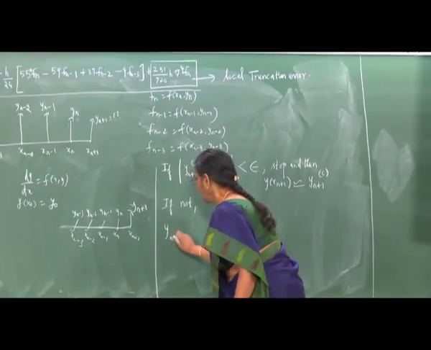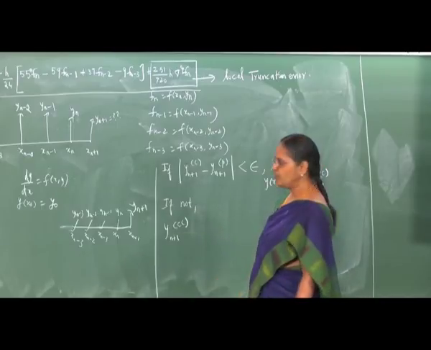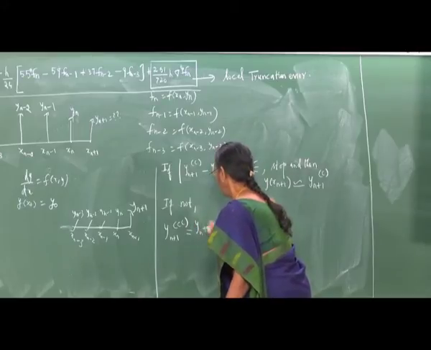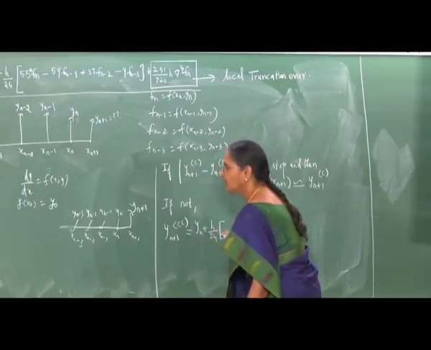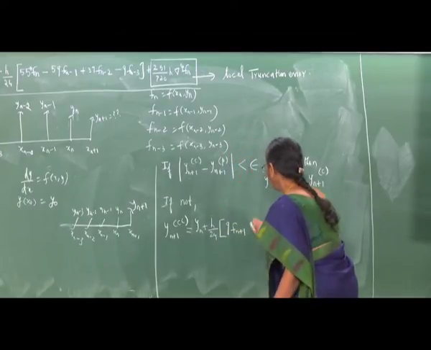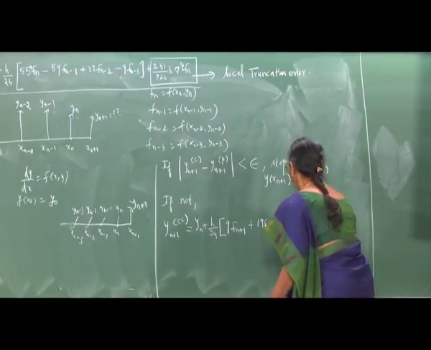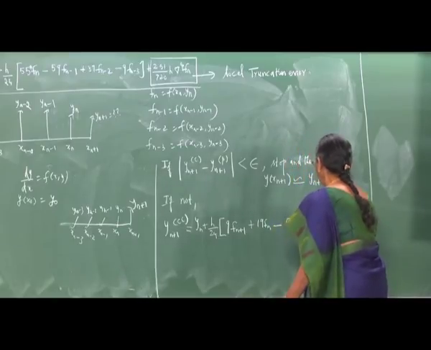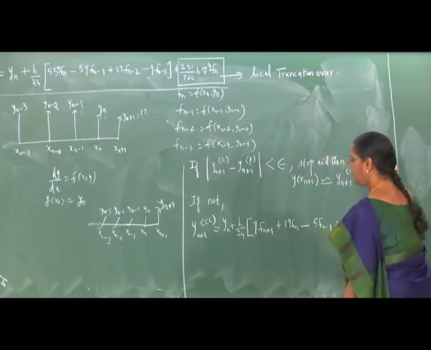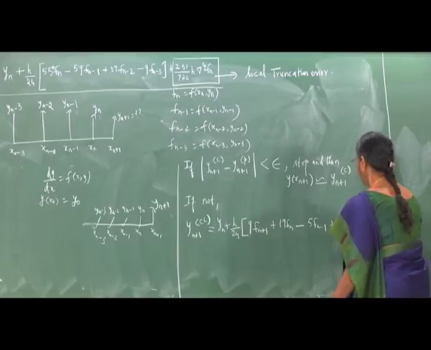You use the corrector once again and get the second corrected value. How do you use it? The second corrected value is going to be yn plus h by 24 into 9 into fn plus 1 plus 19 fn minus 5 fn minus 1 plus fn minus 2 plus the truncation error minus 19 by 720 h into del power 4 fn plus 1.